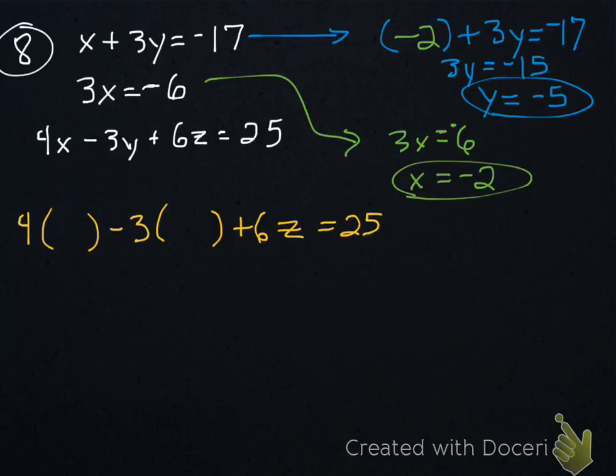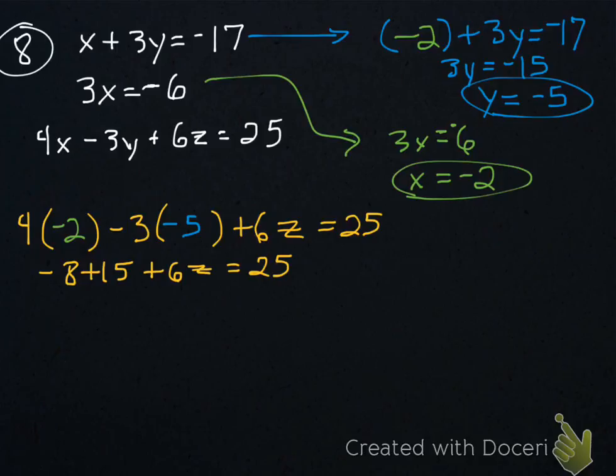Make sure you plug in the appropriate values. x is negative 2, y is negative 5. Double check. Now we can multiply it out. 4 times negative 2 is negative 8. Negative 3 times negative 5 is positive 15. Plus 6z equals 25.